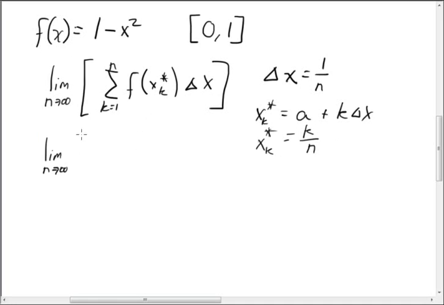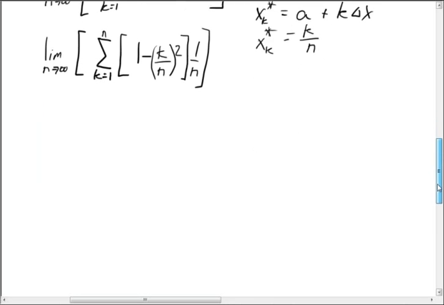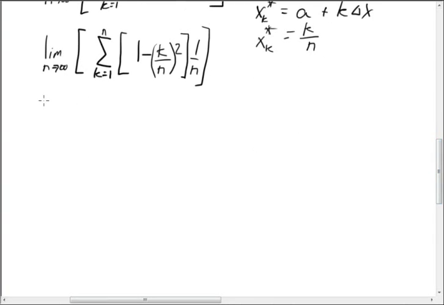So we can transcribe that. Limit as n approaches infinity, sum k is equal to 1 to n of 1 minus k over n squared, and delta x is 1 over n. So we're going to come down and do this more.